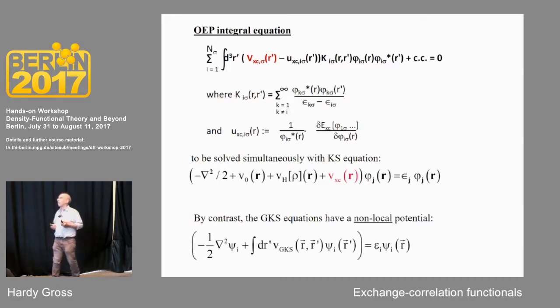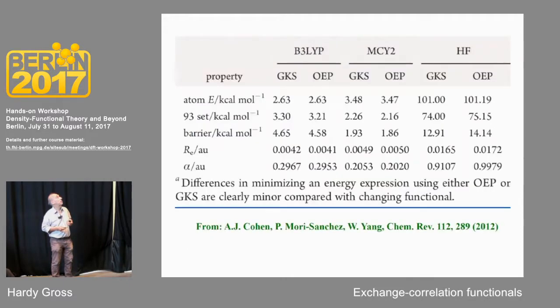Solves many problems, like the self-interaction things for finite systems. It's a local potential, but it comes from this integral equation. Generalized Kohn-Sham, where you freely minimize the orbitals, you have a non-local potential. But you just do this, right, like Hartree-Fock. So it's numerically much easier.